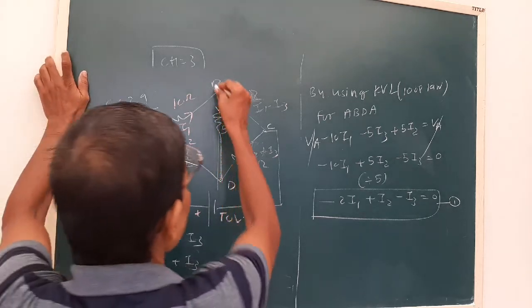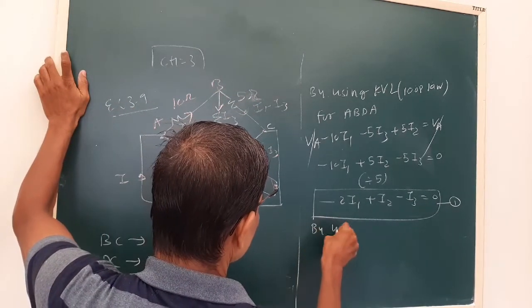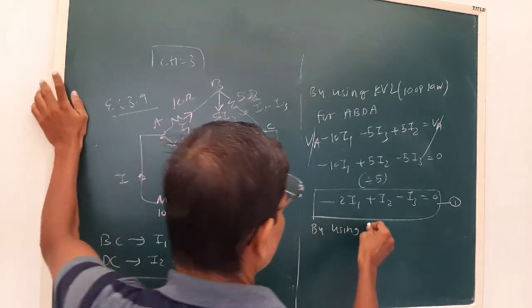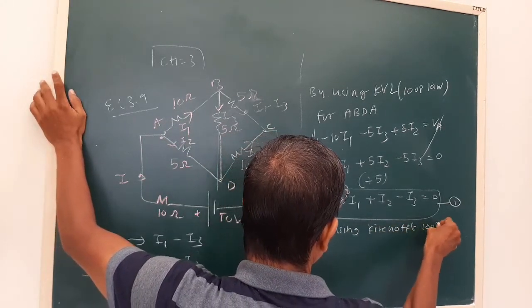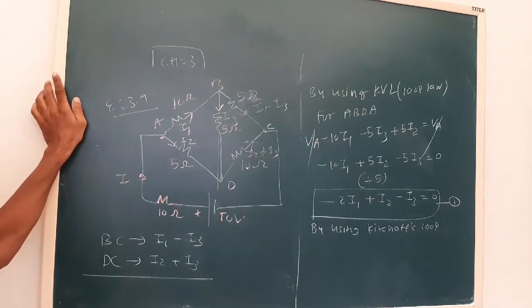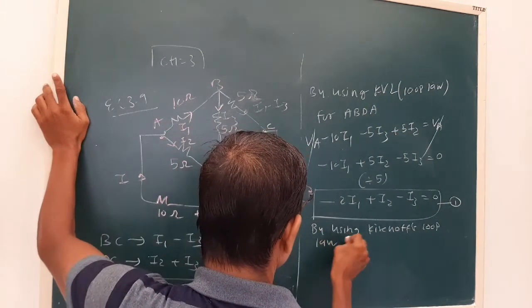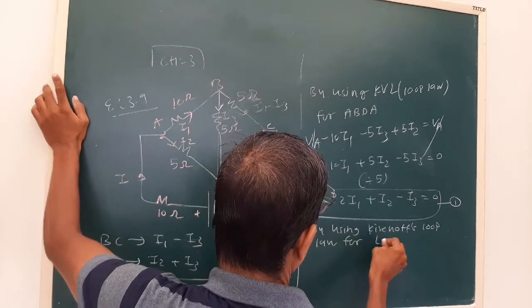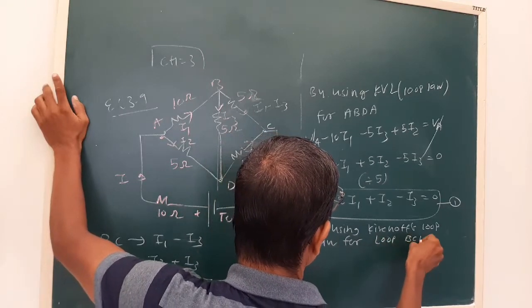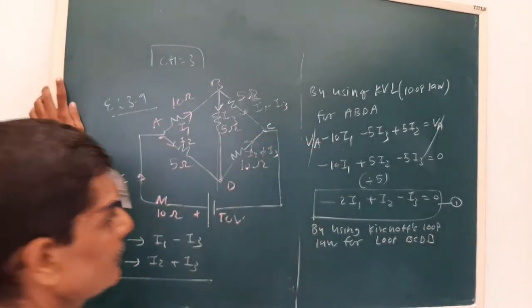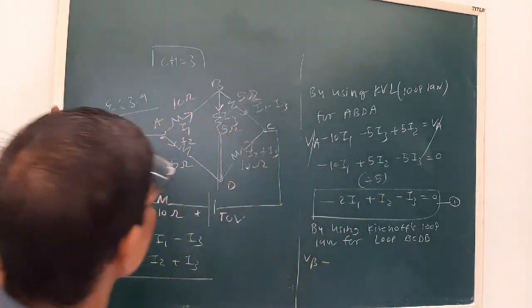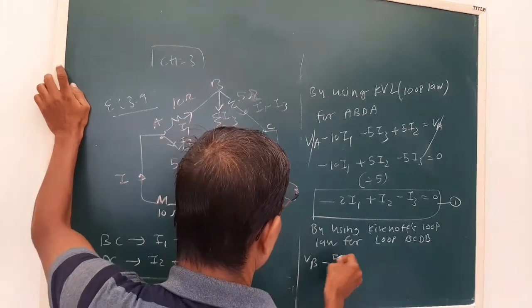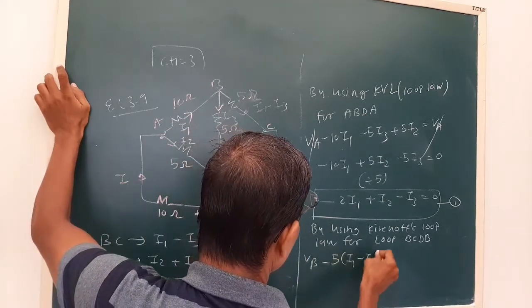Now by using Kirchhoff's loop law, you can write KVL also, for the loop BCDB. Starting from B, minus 5 into I1 minus I3.